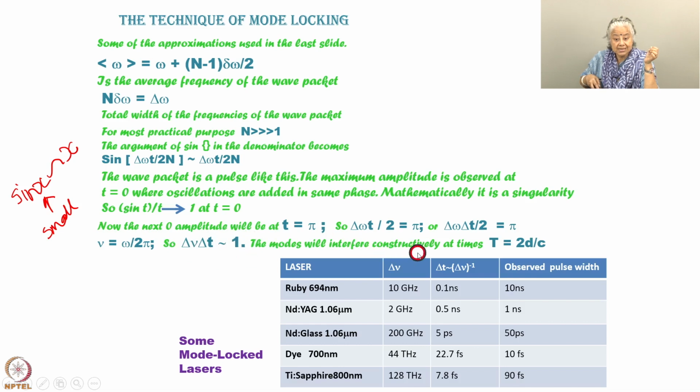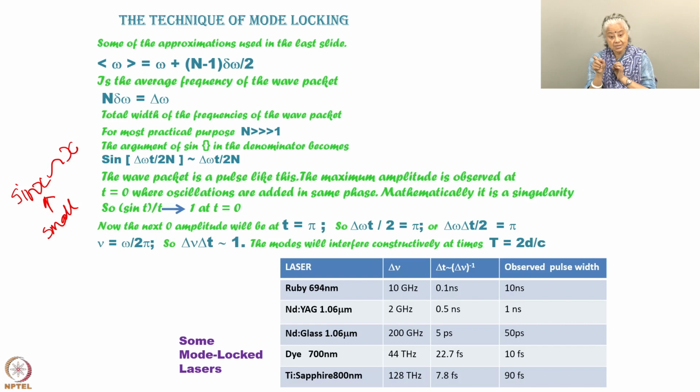The modes will interfere constructively at times t is equal to 2d by c. That means the round trip time, they will all act constructively. So, delta nu delta t gives a kind of a fuzziness to the frequency and time. If there is a fuzziness in the measurement of delta nu, then delta t may be exact.